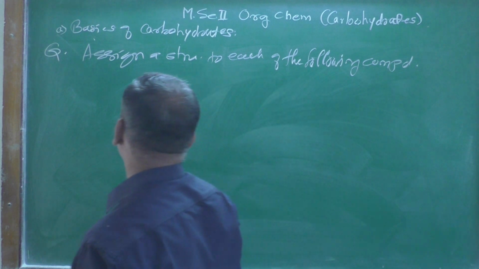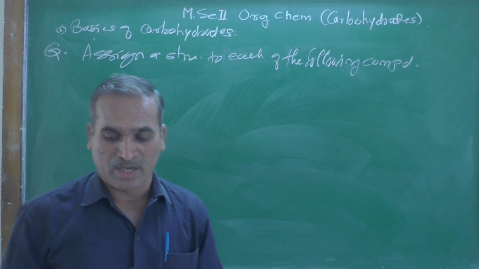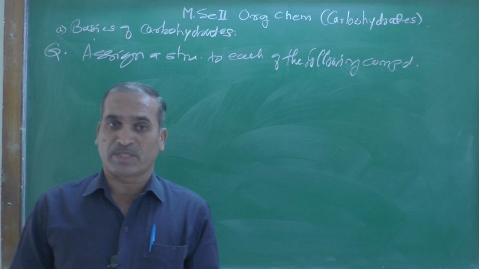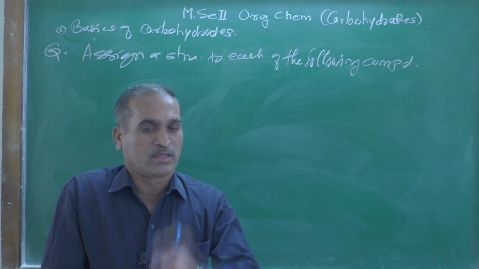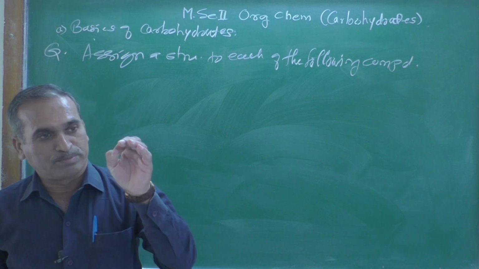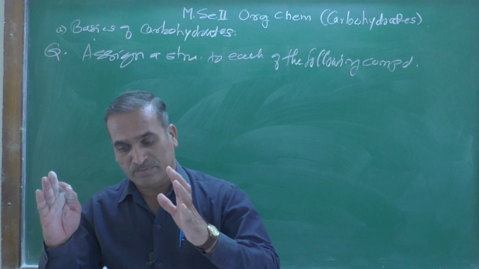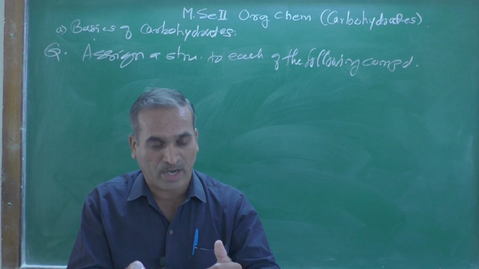This is: assign a structure to each of the following compounds. Now I am going to give some of the compounds. From that, you have to find out the correct structure of the unknown compound by using the information, and from that information they are going to provide you the data.